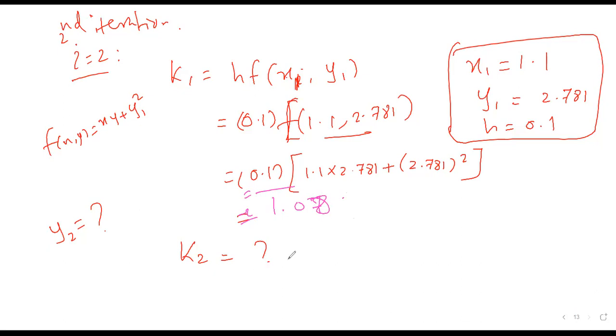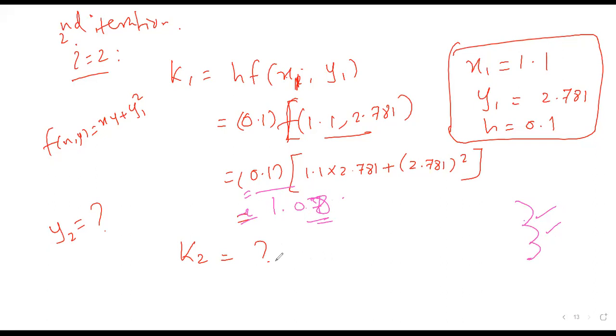So how about K2? For K2, you have to use this K1. So if you made a mistake in K1, it will ruin all your answers. So you should find K1 carefully, because even in the fourth order, K1 is used in K2, and K2 is used in K3. So you have to find the answers carefully, okay?